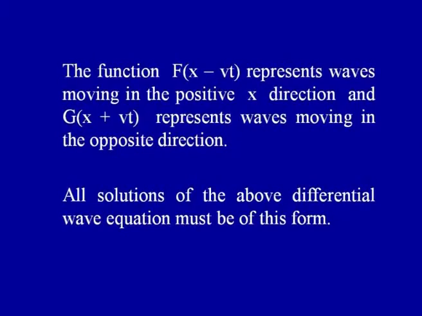Similarly, for the function g of x plus vt, as t increases, x must decrease simultaneously. Again, simultaneous change means as time advances, x must change in the opposite direction at the rate determined by dx by dt equal to minus v.